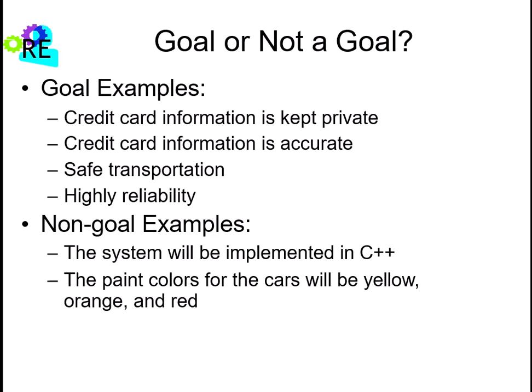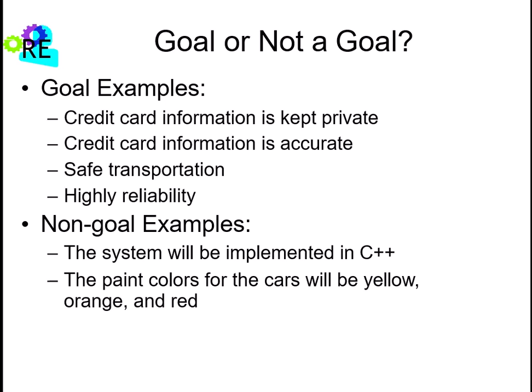Goal examples. These are examples of goals, such as credit card information should be kept private, credit card information should be accurate, safe transportation, high reliability. Later we will discuss hard and soft goals, and categorize goals as either hard or soft.